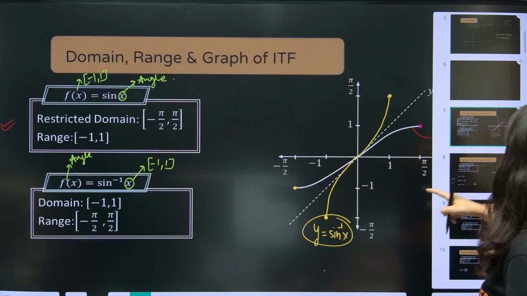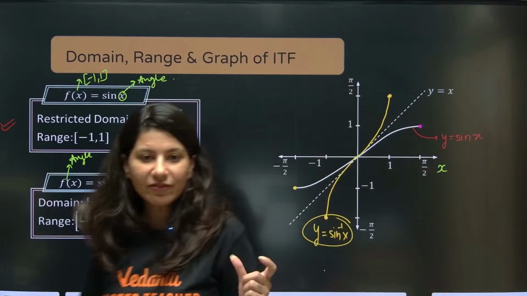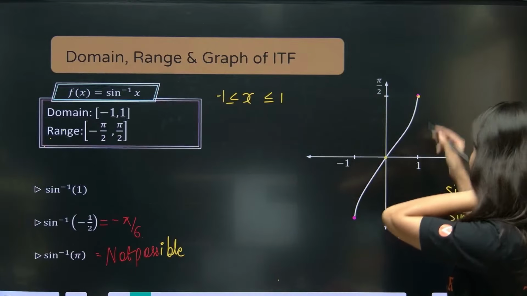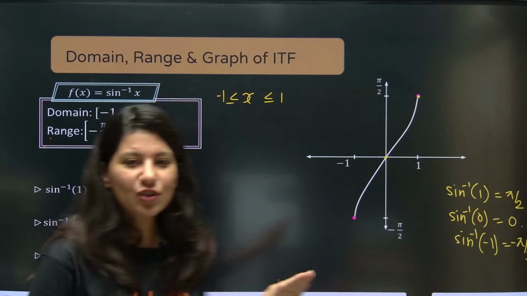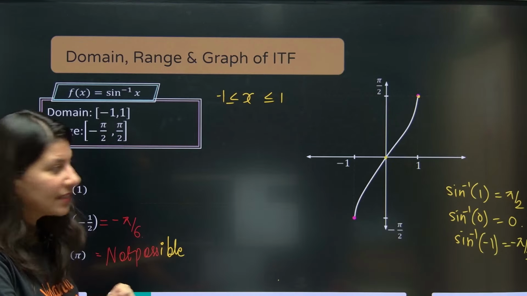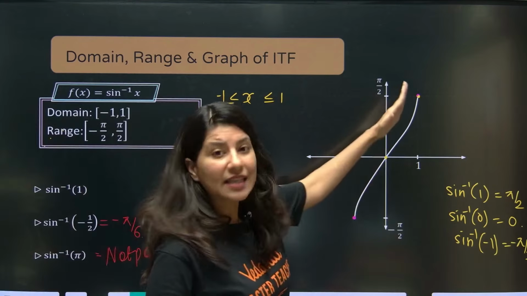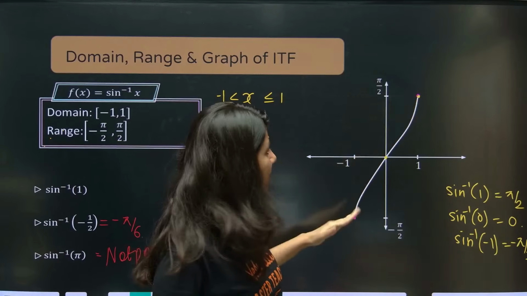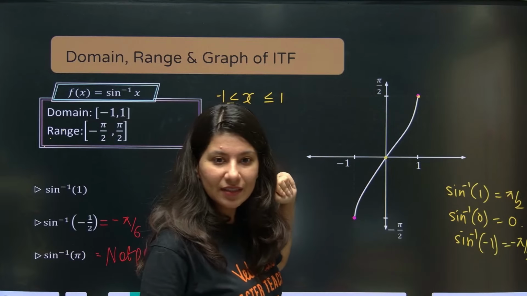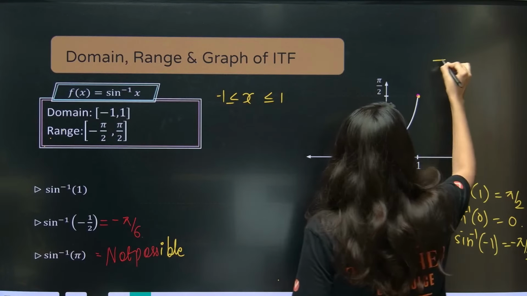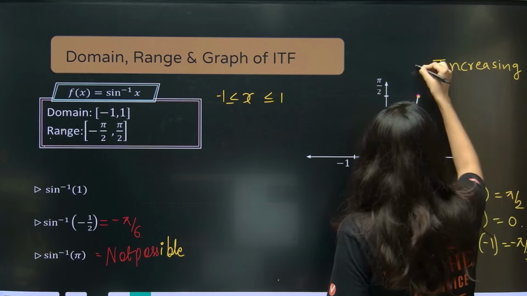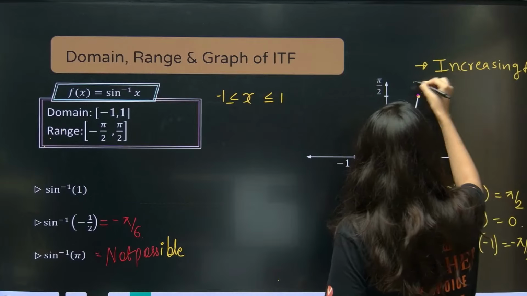Now one thing, let's see this graph. I need to analyze it. Can you see, is this an increasing function or decreasing function? This is an increasing function. Is this a periodic function, by the way?